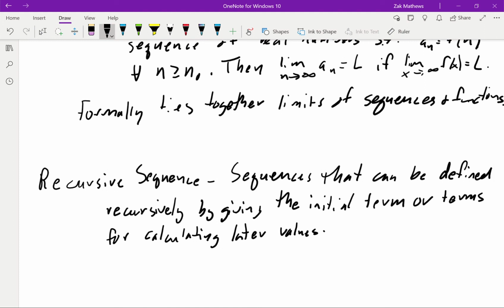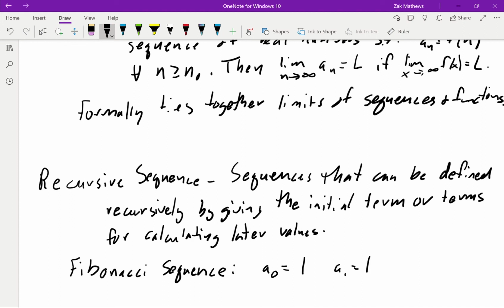An example of this is something called the Fibonacci sequence. The Fibonacci sequence is a famous sequence that comes up in a lot of different places in nature and everyday life. The way the sequence works is that a_0 is defined as 1. a_1 is defined as 1.